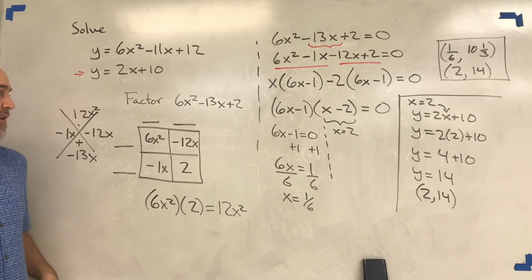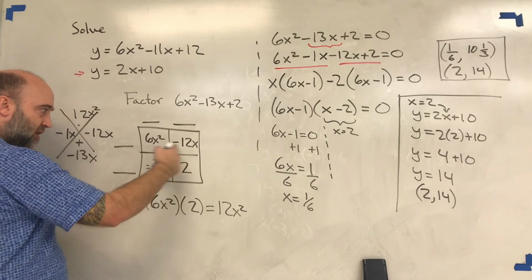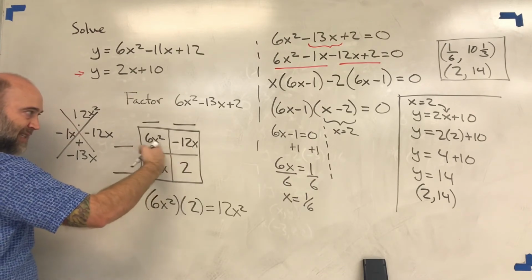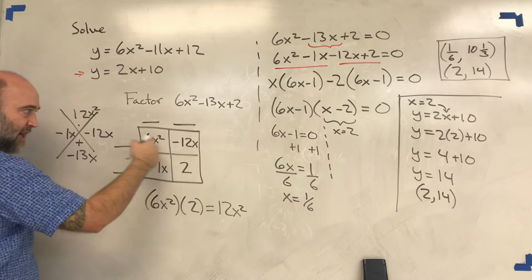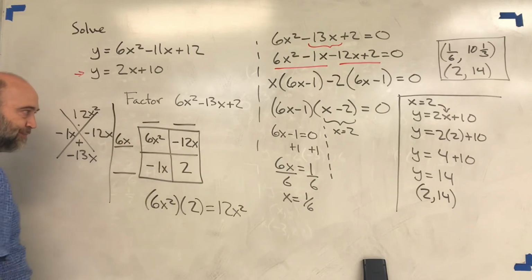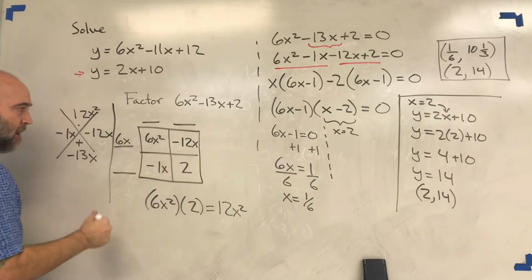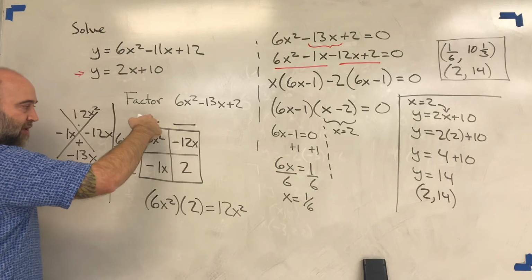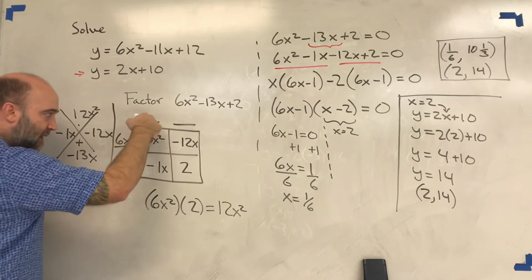So the greatest common factor of this line right here, can you see it, is a 6x. The greatest common factor right here is also a 6x. That's in common here. Then you start filling in the other spots. I like looking at this spot next. 6x times what is 6x squared?